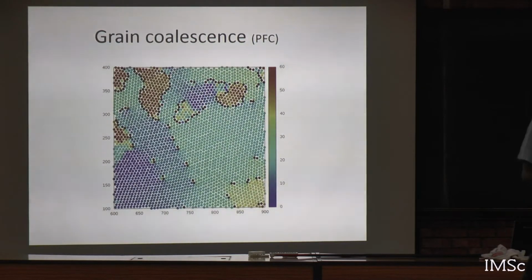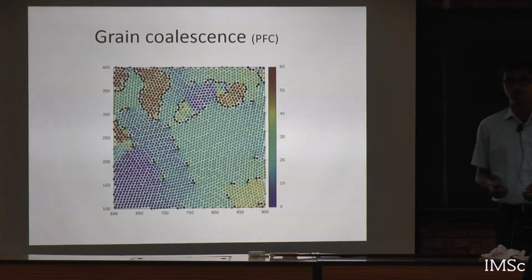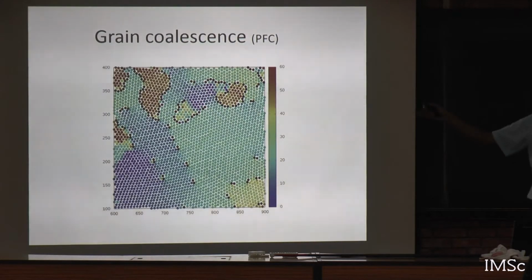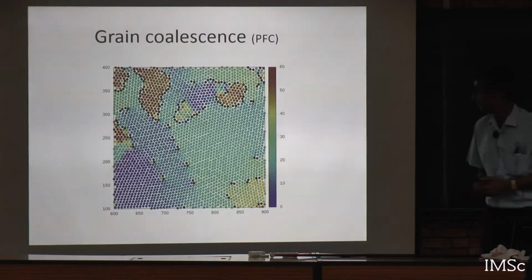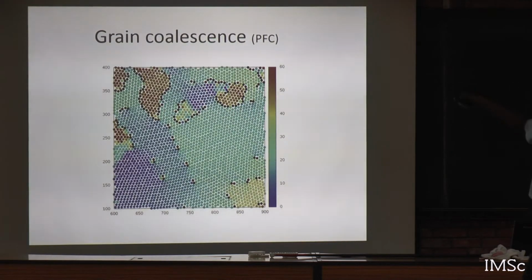So under what conditions does this happen? I am shearing the whole system. So you shear this mesh. And in the PFC simulation, I should make this general comment: in both the PFC simulation and with soft potential, we find nice non-equilibrium steady state, stable polycrystals.